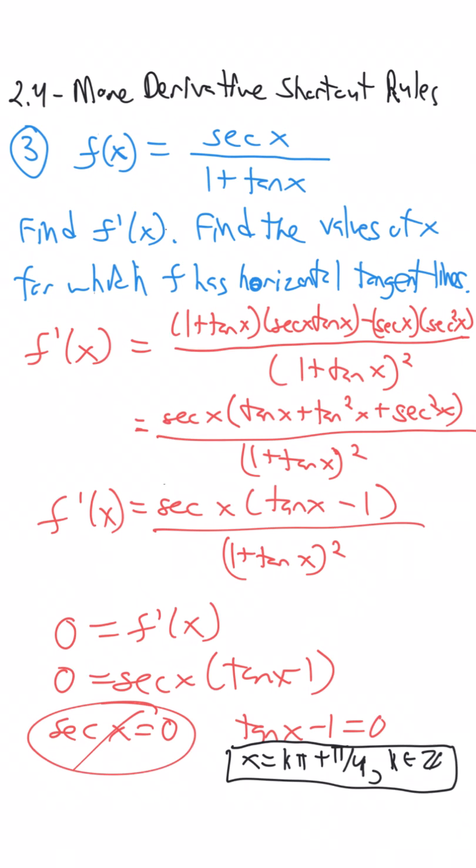This tells us that x will equal k pi plus pi over 4, where k is an element of the integers. You remember doing this in pre-calculus work, in our trig work. How can you see this? Well, you know that tangent of pi over 4 equals 1. 1 minus 1 equals 0. And then how often will this repeat? Every pi. Why? Because the fundamental period of a tangent function is pi.